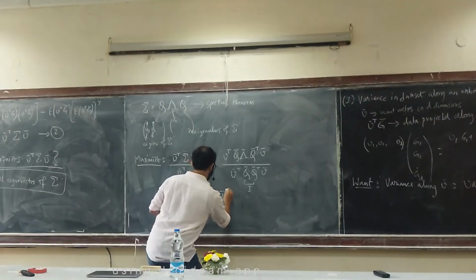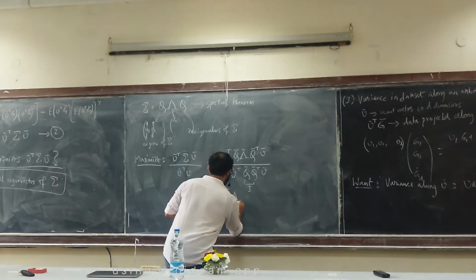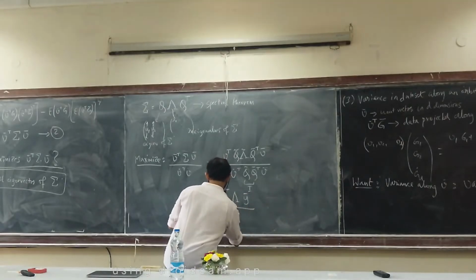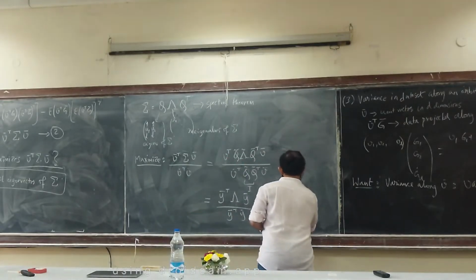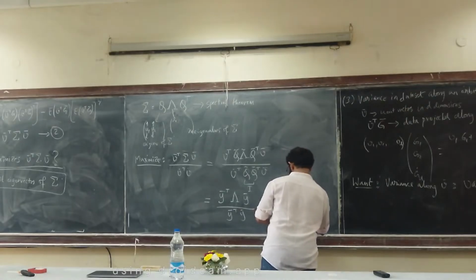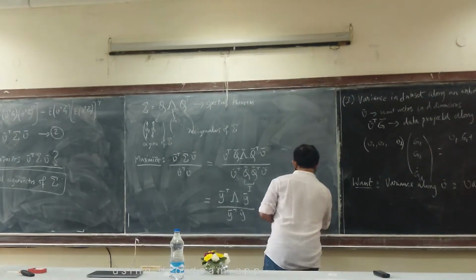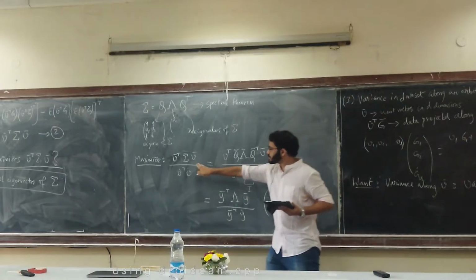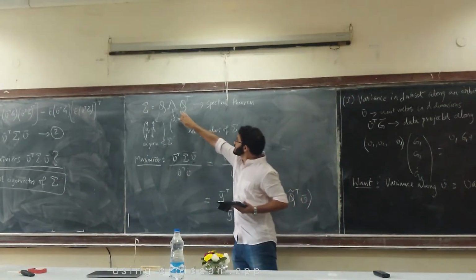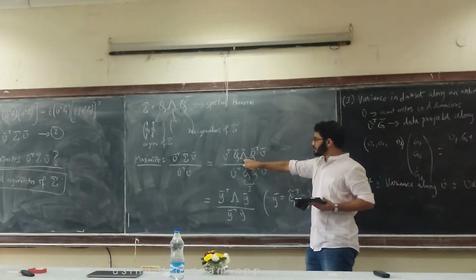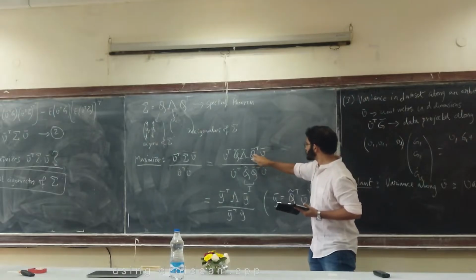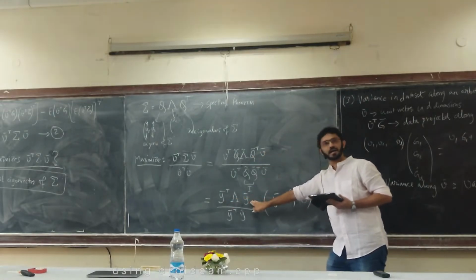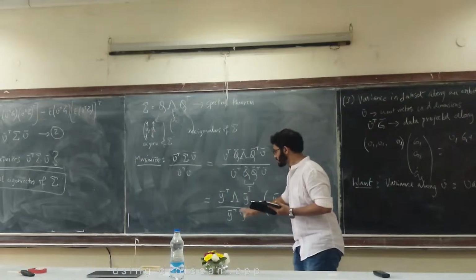So let me just write this down: Y transpose lambda Y divided by Y transpose Y, where I've defined Y to be just Q transpose V. What I've done is, remember, this is what we want to maximize. I've plugged in this quantity here instead of sigma, and then I've just defined Q transpose V as this quantity Y. Okay? So now my maximization problem is here.